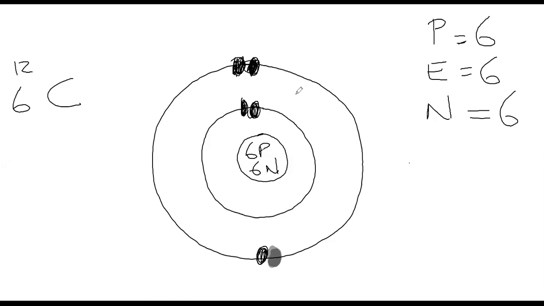We have 6 electrons, which is 6e. That's this part here. Then we have 6 neutrons in the center, and then 6 protons in the center. Good, everybody understand how we get this?